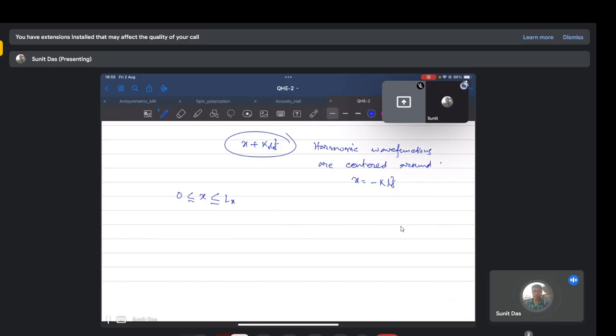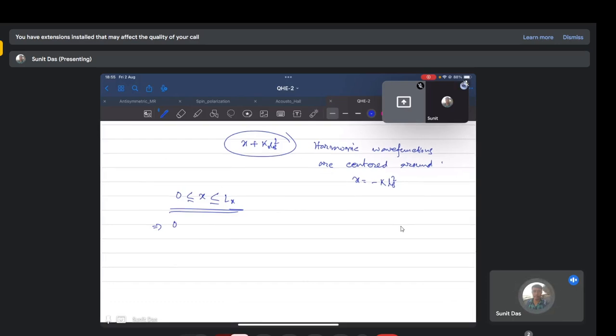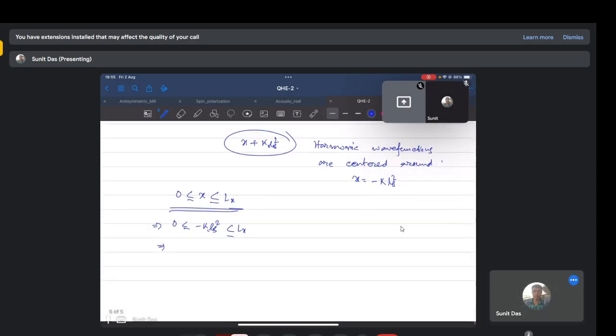So I have this restriction also, and this restriction gives me 0 less than minus k l_B square less than Lx. So this will give me minus Lx by l_B square less than k less than 0.